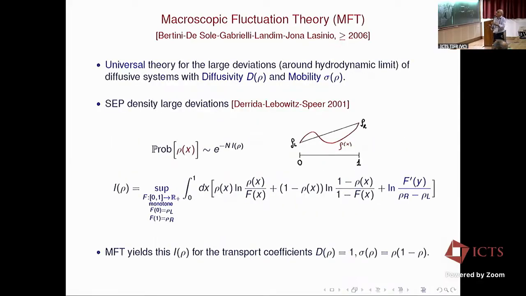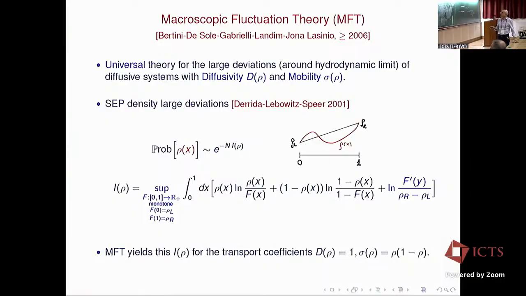Okay, and just to quote a few, nowadays canonical results about large deviations. Of course it was the playground for macroscopic fluctuation theory. There was this prediction from macroscopic fluctuation theory for the large deviation of the density profile at stationarity, which typically is linear.